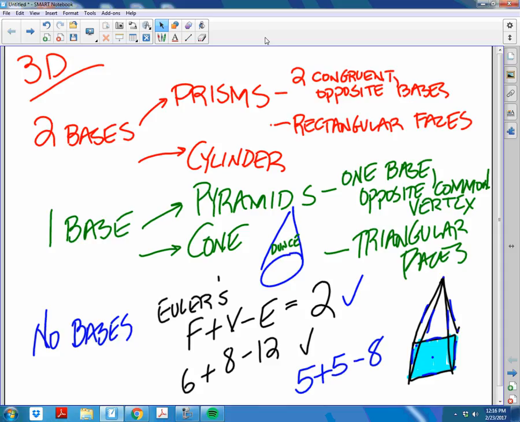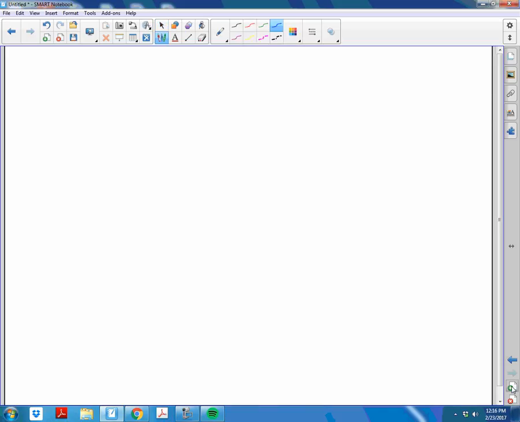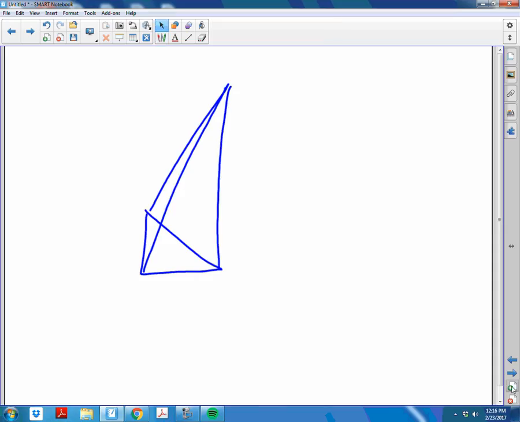So, when you get a three-dimensional object, the first thing I always check for is to see if there's that common vertex, or better yet, the pointy part. That's the not mathematical way of describing it.